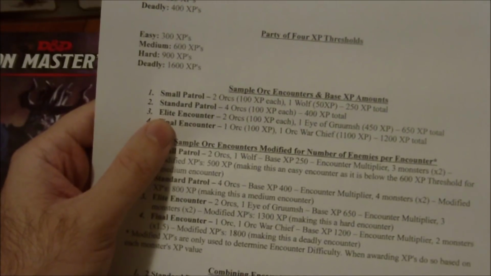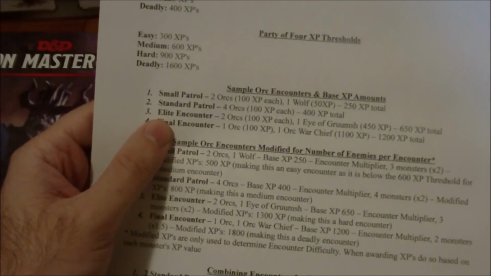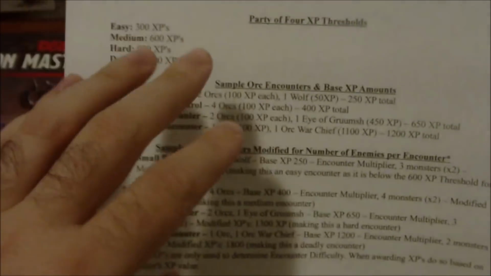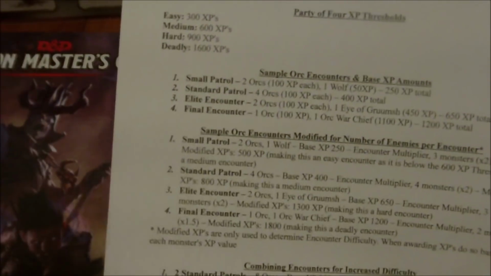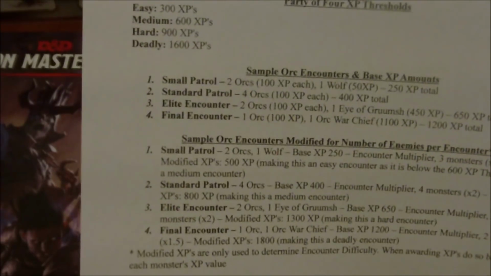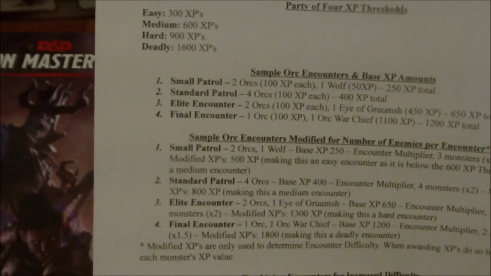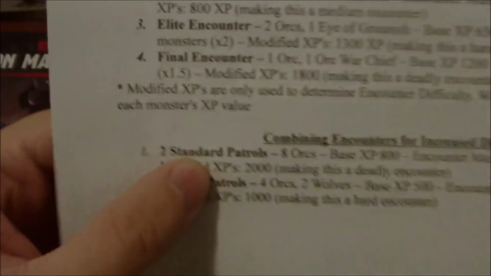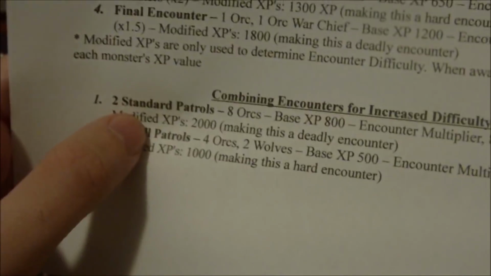So this is the one thing that I'm just going to say in this video, because this is still all dealing with the experience points and determining difficulties and things like that. So again, you don't want to just always be using the party encounters, a standard patrol of orcs or a small patrol. You want to mix things up maybe a little bit. So what we have here is the party could come across 2 standard patrols of monsters.